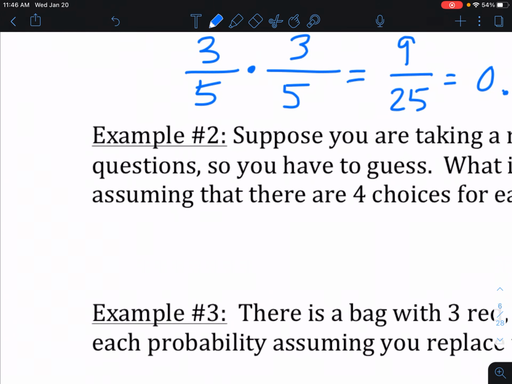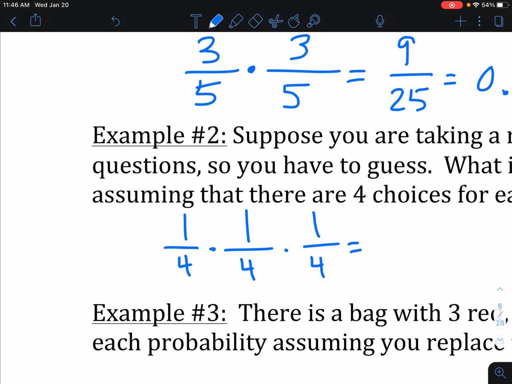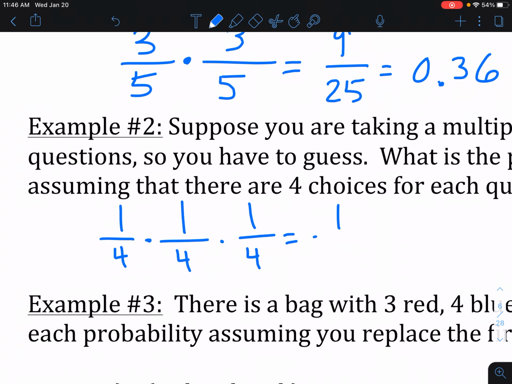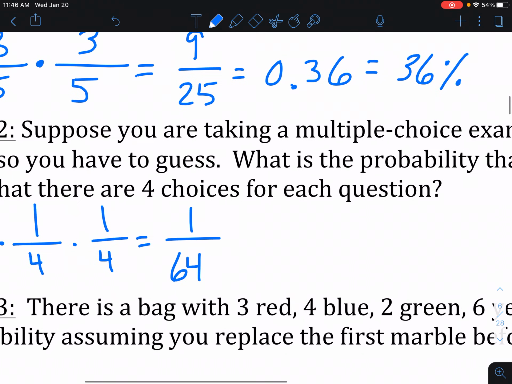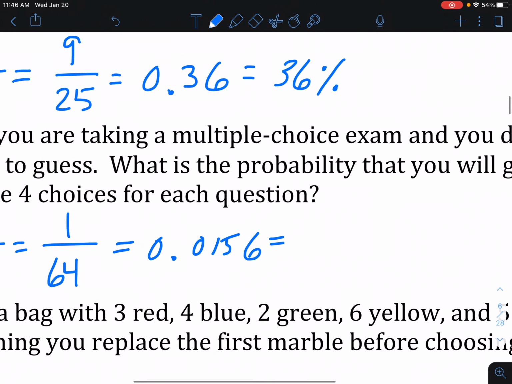The chance of getting the first one right is 1 out of 4, times the second one right, 1 out of 4, times the third one right, 1 out of 4. Multiply those together, you get 1 out of 64. Let's convert it to a percent. That would be 0.0156, which is 1.56%.